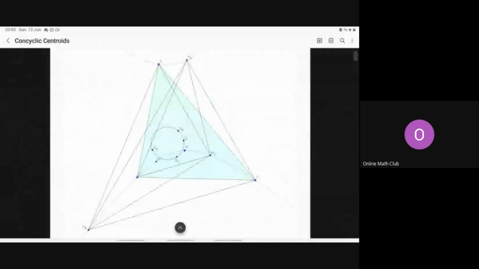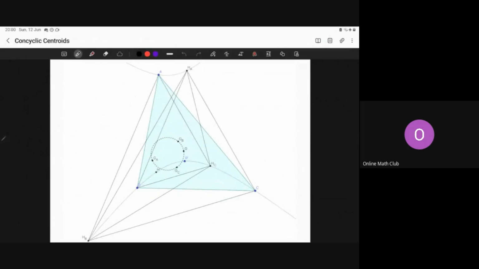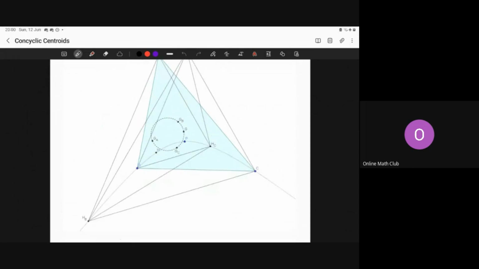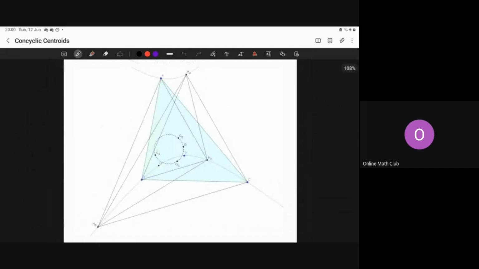So I have a diagram from GeoGebra here. I'll just write down what G is. G is the ABC centroid. G_A is the AH_BH_C centroid. G_B is the BH_CH_A centroid.